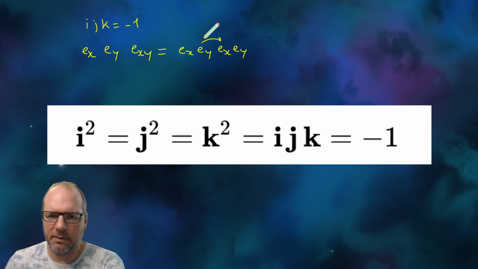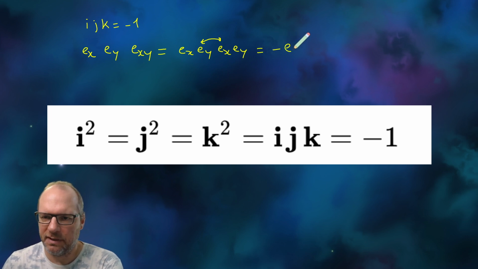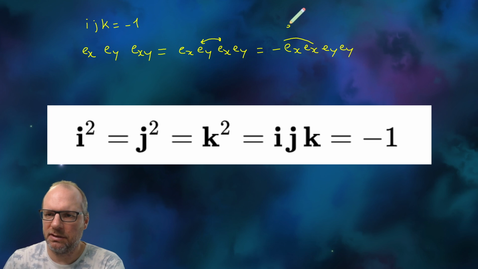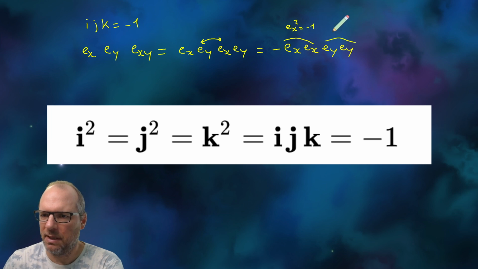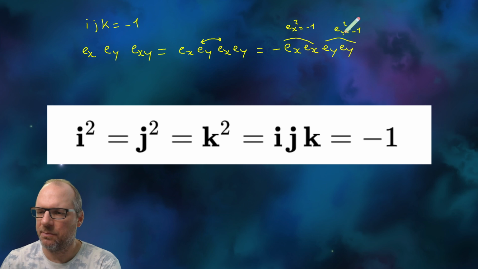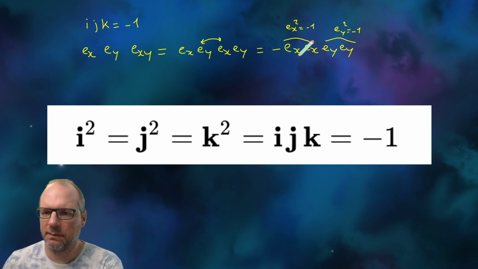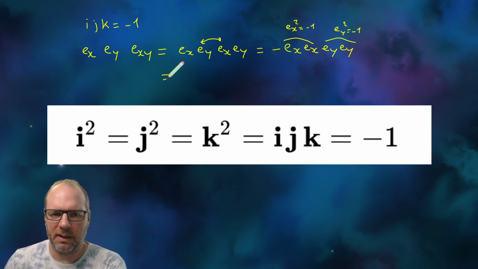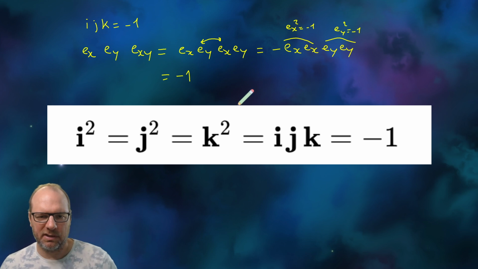We can swap the order: minus e sub x, e sub x, e sub y, e sub y. This is e sub x squared equals -1, this is e sub y squared equals -1. -1 times -1 cancel. So we find -1. So that works. This is the quaternion.